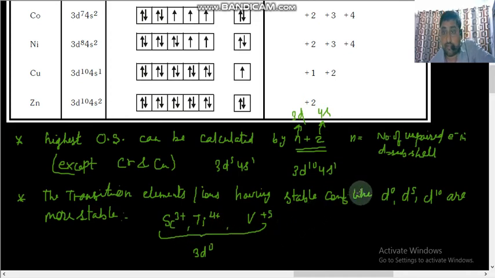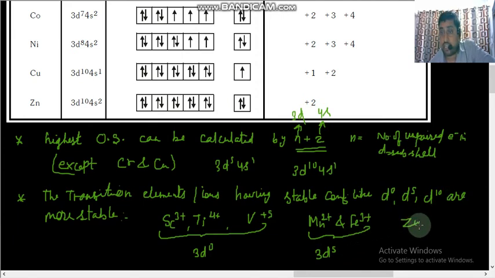Now you see Mn2+ and Fe3+, they are also very stable. Why? Because they contain 3d5 electronic configuration, that is exactly half filled. Similarly, Zn2+ is more stable.